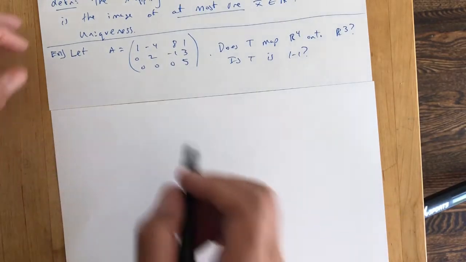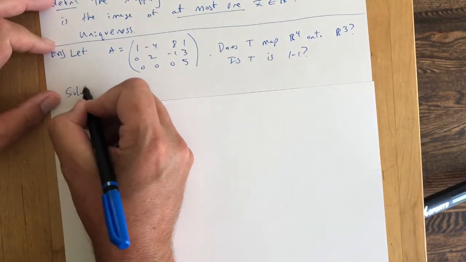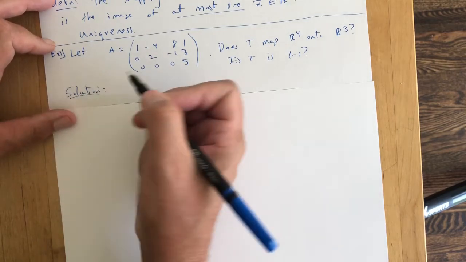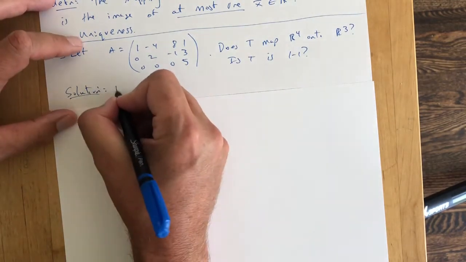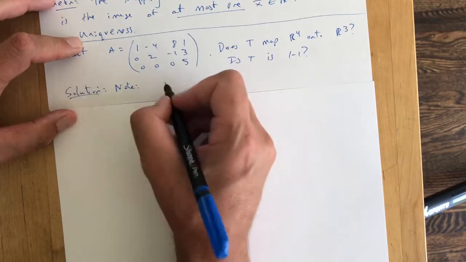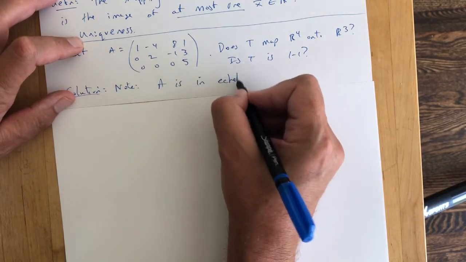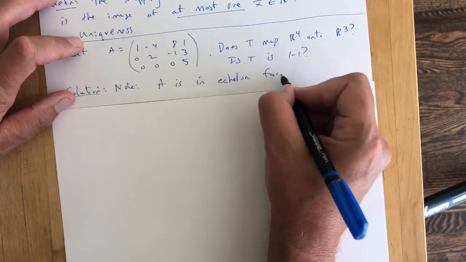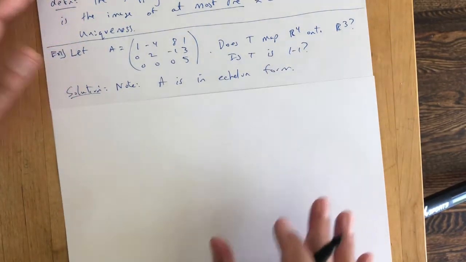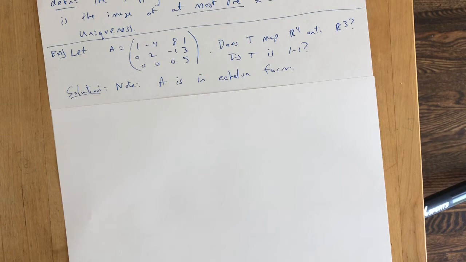Okay, first of all, here's our solution. Well, note A is in echelon form. If you wanted to, you could make it into row reduced echelon form, but we don't need that. We just look at it and say, well, it's an echelon form.